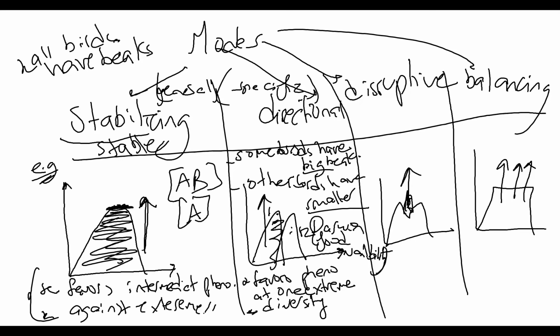Disruptive selection. Disruptive selection is a type of selection that favors individuals with phenotypes at both extremes. If you see here, it's favoring only one extreme out of two extremes. Here it's not favoring extremes, it's favoring an intermediate phenotype, something which is stable, constant.